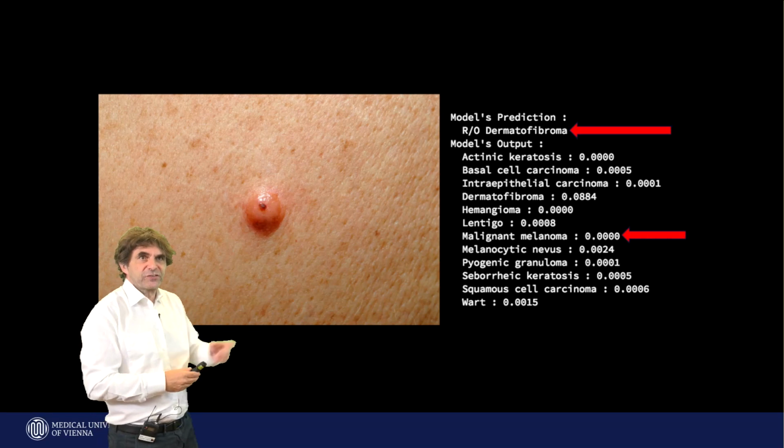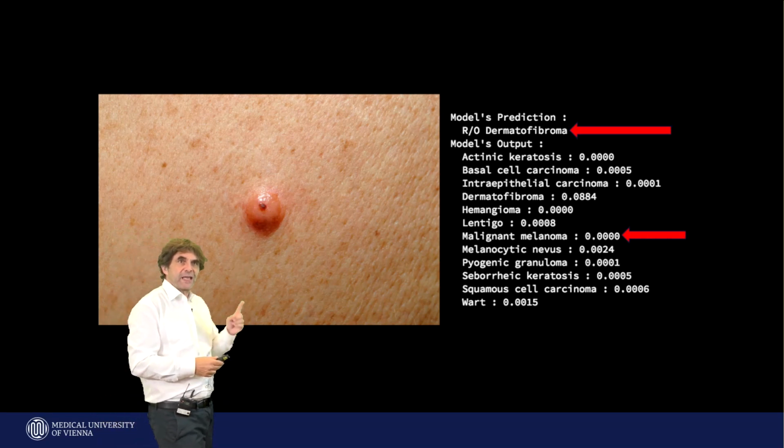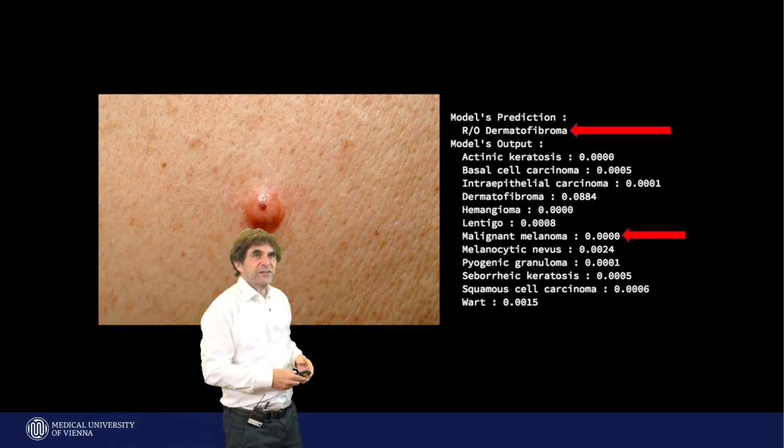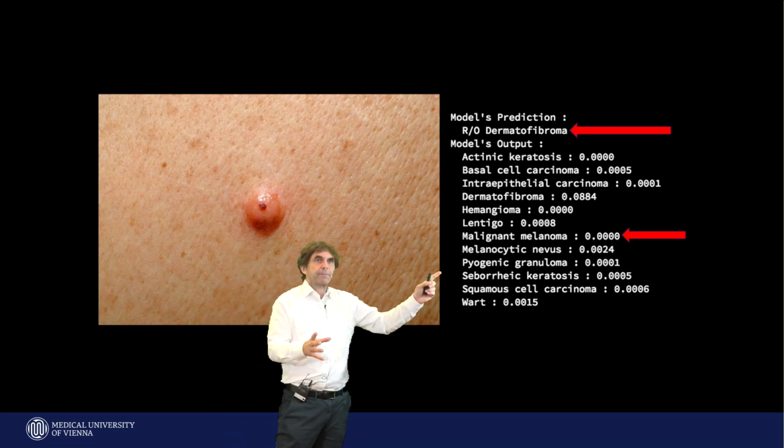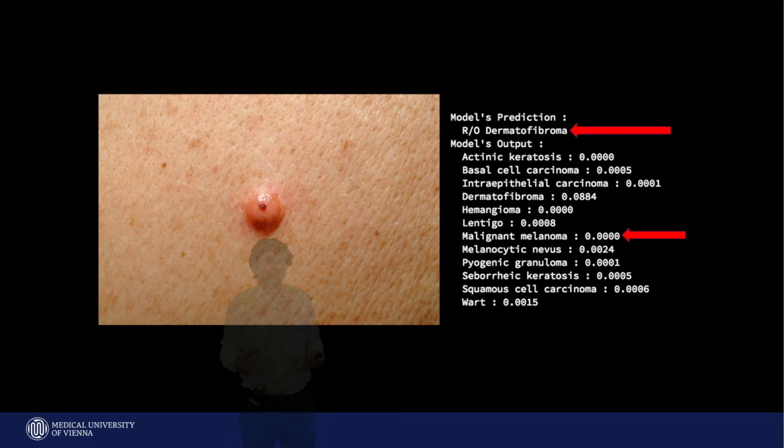For example, this here is an example of a non-pigmented melanoma, an amelanotic one, and here you can see the output was dermatofibroma, which is a benign diagnosis, and the probability of malignant melanoma is 0%.